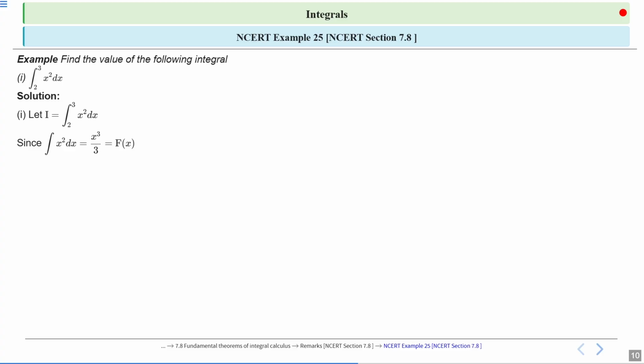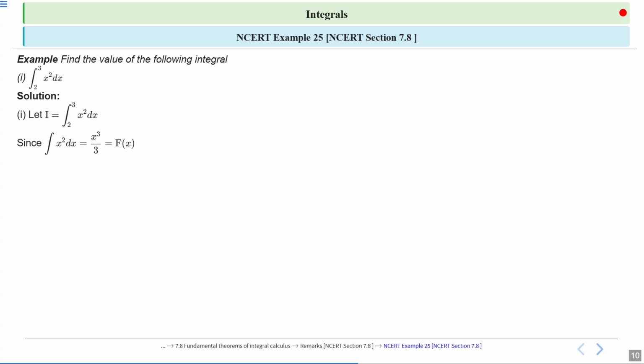There is no need to add the constant of integration, and that function x cubed by 3 is called the antiderivative, represented by capital F(x). Okay, so the first step is complete.